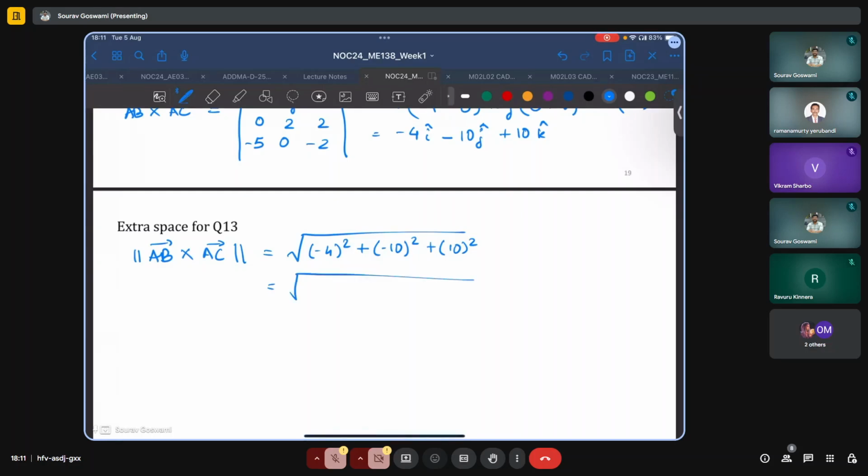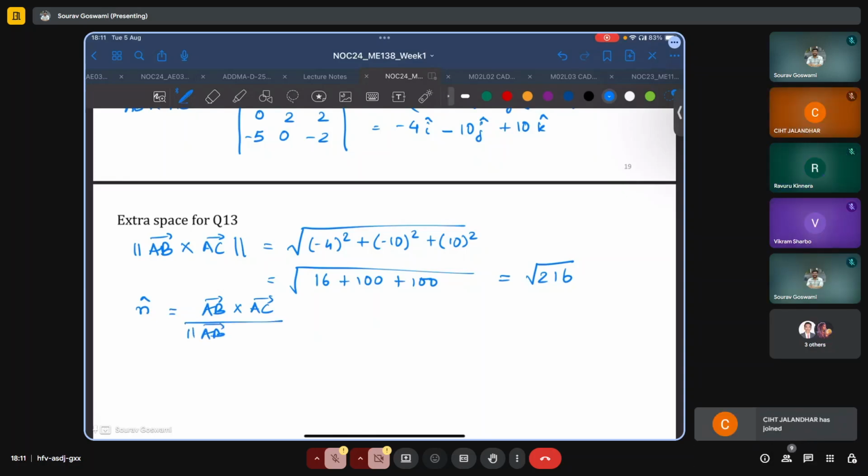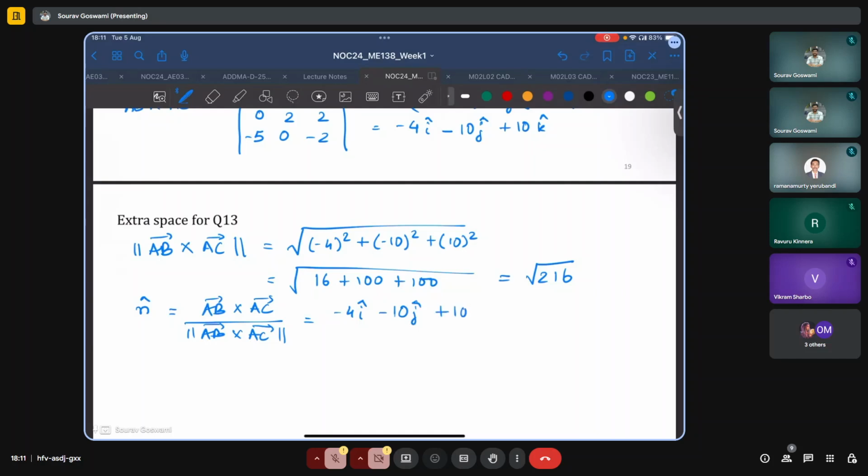And this is 16 plus 100 plus 100. So square root of 216. Thus the unit vector that we are looking for is simply AB cross AC by the norm of AB cross AC, which is minus 4 i hat minus 10 j hat plus 10 k hat by square root of 216. Now you can simplify this further, but this is essentially the result we're looking for.